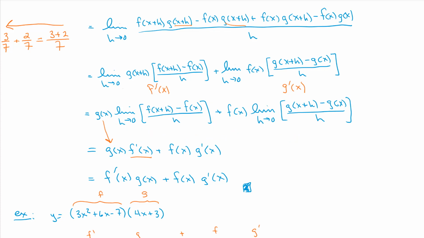Okay, well that's got that squared away. And what we now have is a situation where we have g times f prime of x plus f times g prime of x. The only thing I'm going to do is I'm going to reverse the order of these two factors. You can do that. 3 times 2 is the same as 2 times 3. And that gives us then f prime times g plus f times g prime is the derivative of the product.